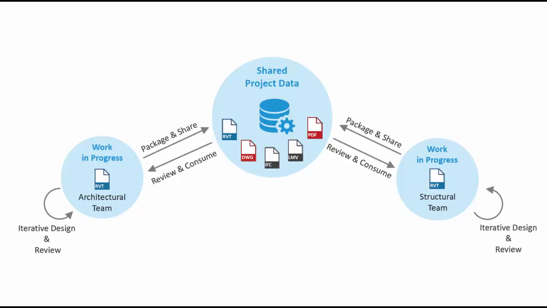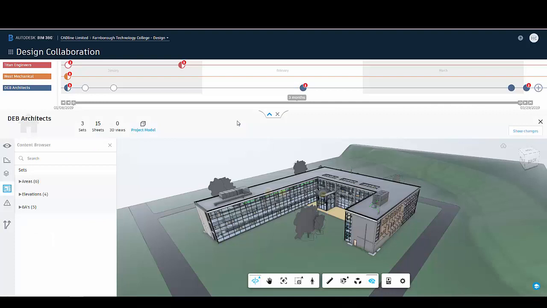So what is your work in progress, which is what you as the Revit user are working on, you don't want everybody else to see that as soon as you hit save or as soon as you sync to central. What you do as a secondary step is you synchronize with central, then you come into here and you create what's called a package, which essentially creates a point in time of your data, which anybody else can come in and, what's called, consume and then use as an external reference in Revit.